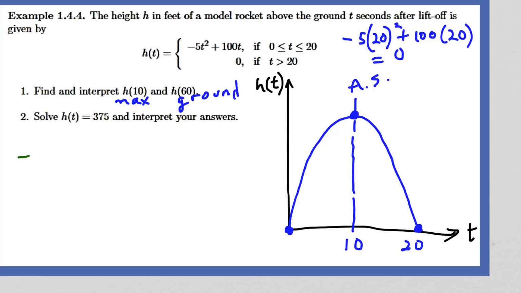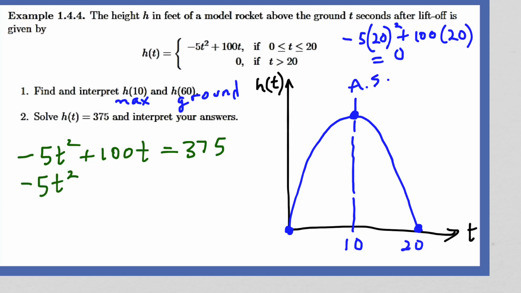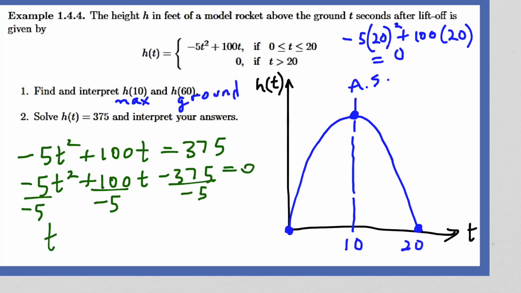So let's say minus 5t squared plus 100t equals 375. So we're going to solve this quadratic. All right, so we're going to divide out by -5. So 375 divided by 5 is 75, so that's positive.